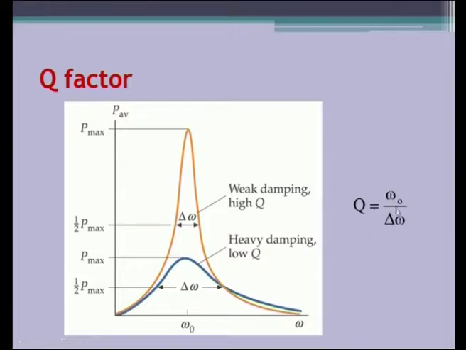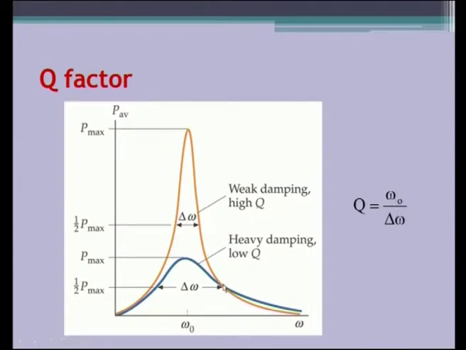In the curve which has a very high power, for the discussion's sake we have taken the power on the y axis and the frequency on the x axis, and for weak damping or very little damping the Q factor will be very high, which is understood from the equation itself.